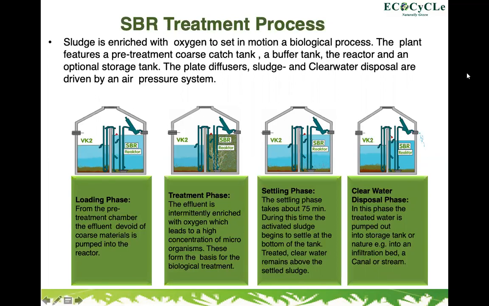It can also go to a storage chamber if we have a client who maybe wants to use it to wash cars or to clean his compound and to use it for dust suppression. You can't use all of it at once, so it has to be stored for a very short period of time as you wait for the reuse time. So that is the end of the SBR process. So we move into the next slide.